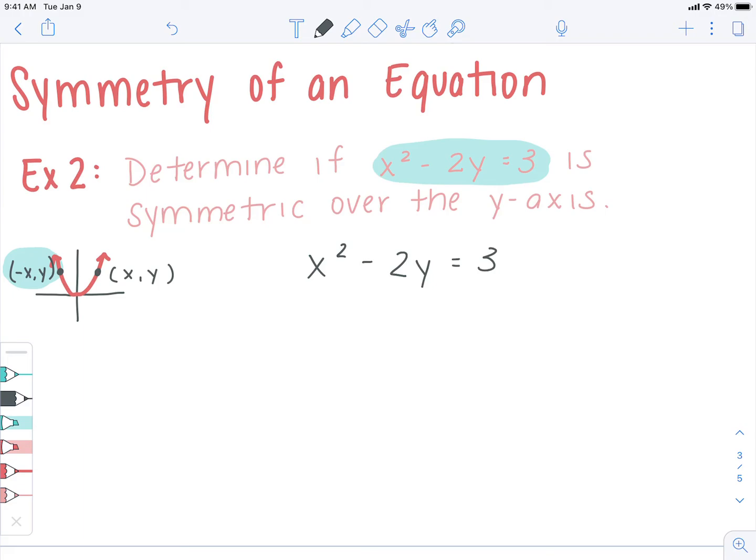So where I had x and y, I want to replace it with the point I know I have to have. Instead of an x, I'm going to replace it with negative x. I'm going to keep everything else the same. Where I had a y, I'm still going to have a positive y, because when I look at my point over here, this y is still positive. I'm just plugging in my x and my y here.